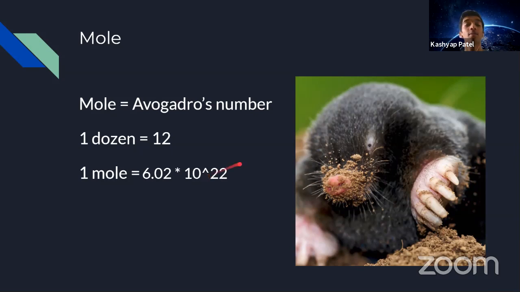You take 6.02 times 10 to the 22, which is a super big number of atoms of carbon 12, and you would get 12 grams of carbon as a result. 12 grams of carbon is also really small, but it would take 6.02 times 10 to the 22 atoms of carbon 12 to get that many grams of carbon.